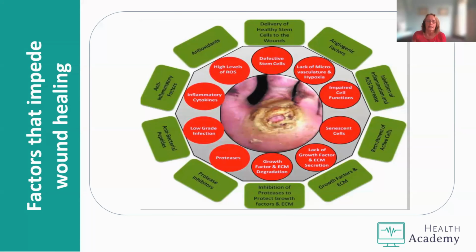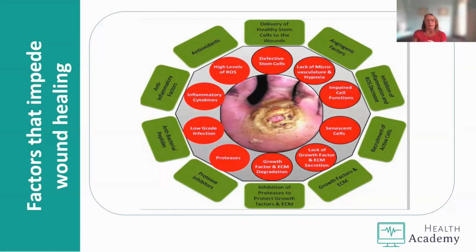So things like a lack of microvascularization, impaired cell function, cells that die off and don't do the job properly, lack of growth hormones, lack of cell movement, and the presence of things like protease and matrix modulators.